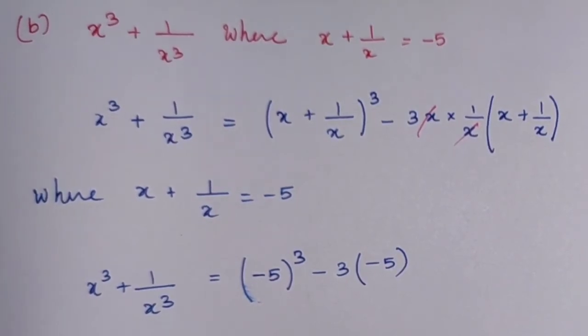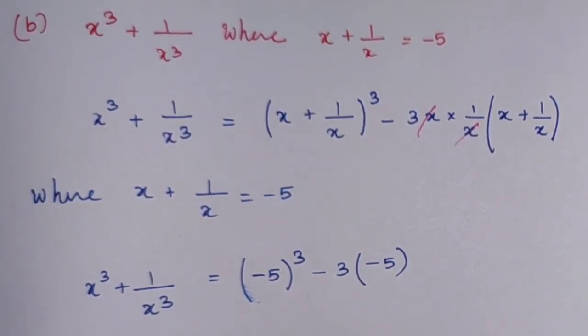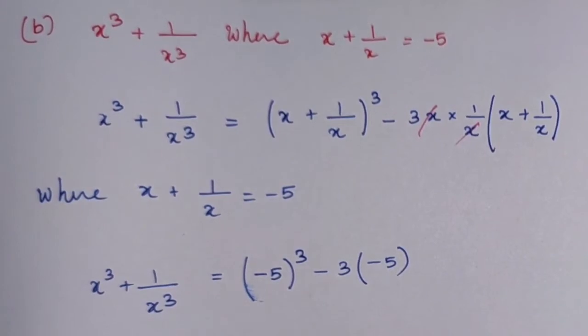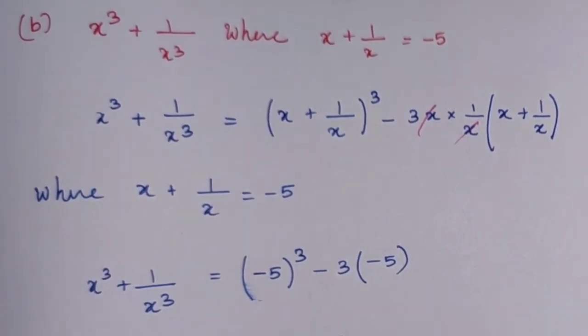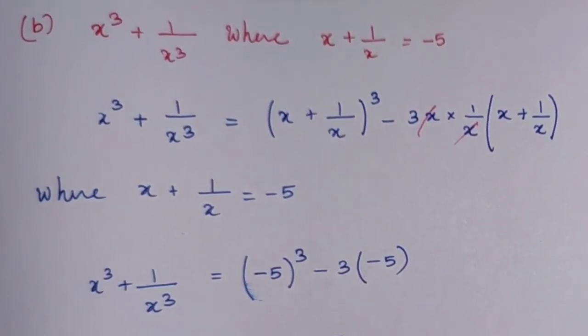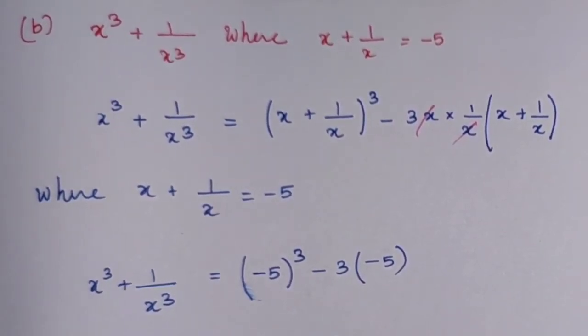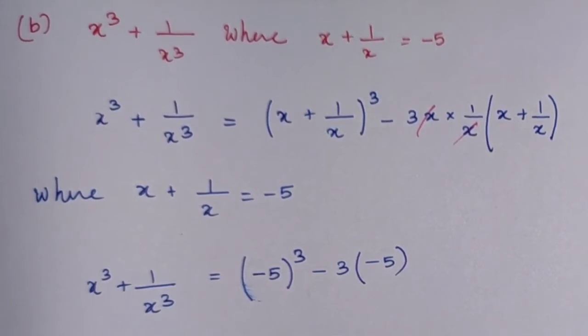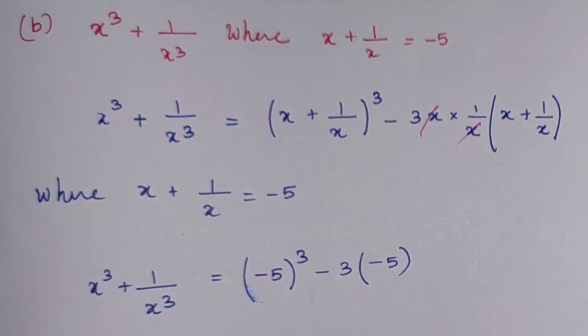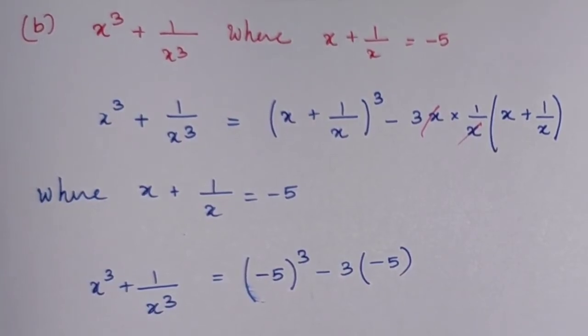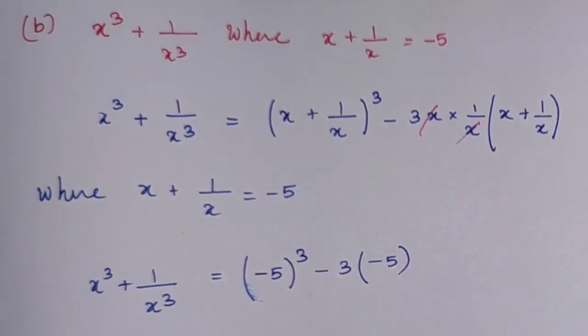Minus into plus is minus. So subtract, you will get 110, and the sign of the greater number is minus. So minus 110 for x cube plus 1 by x cube, where x plus 1 by x is equal to minus 5.